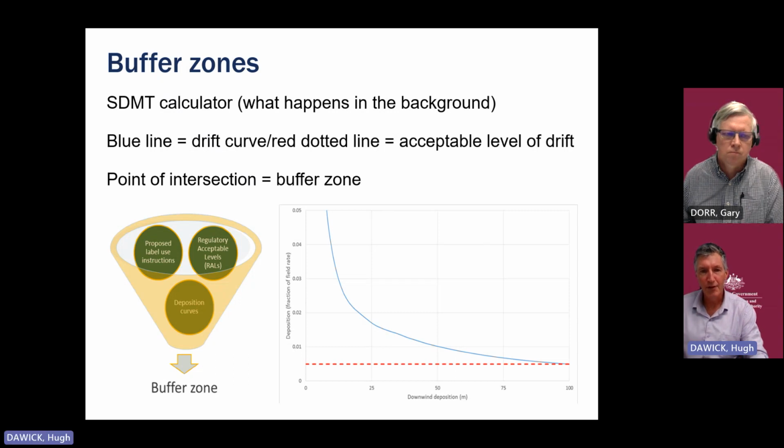The red dotted line, think about it as the acceptable level of drift with regards to each of those sensitive areas that I've discussed before. And where those two intersect, this effectively sets the buffer zone for that particular method of application and that sensitive area.